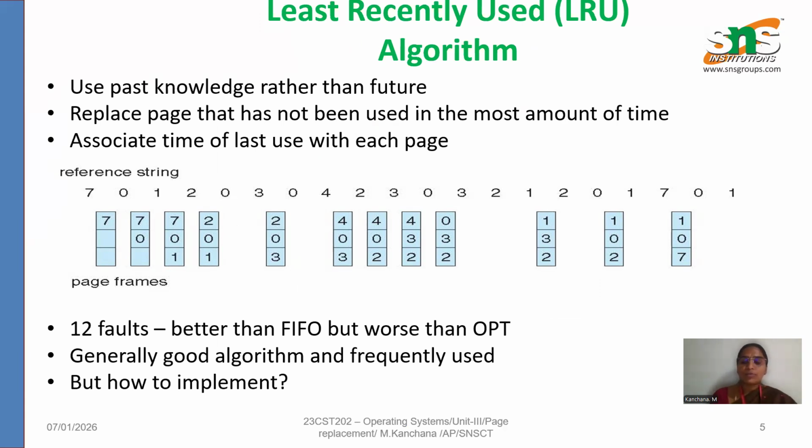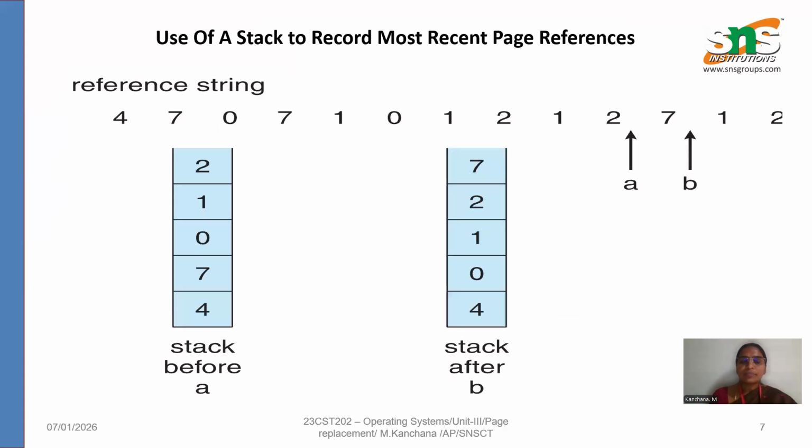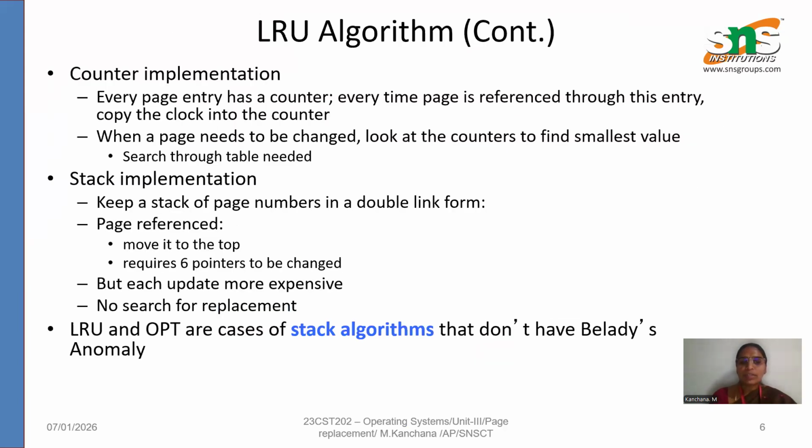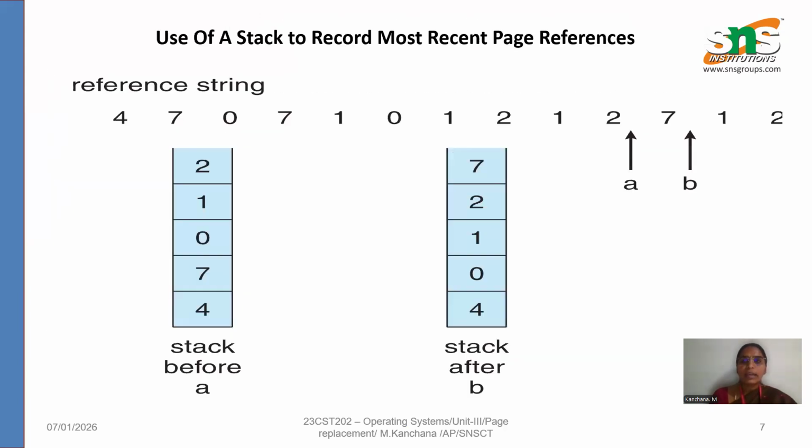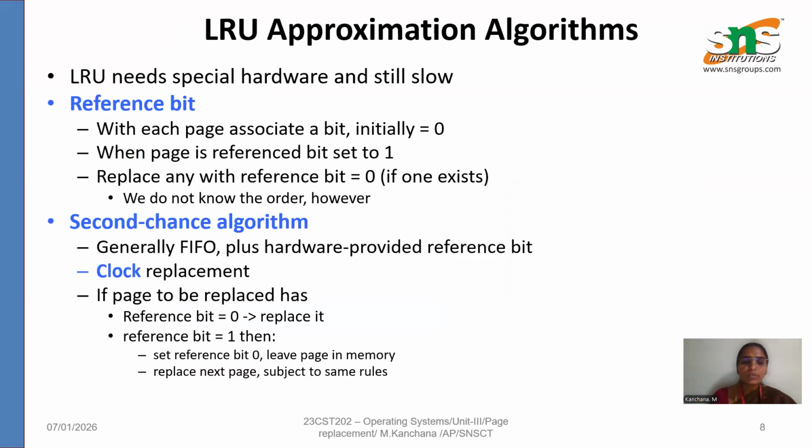That is, we are using knowledge about the past rather than the future, because the future is optimal page replacement, right? And we have implemented it in two ways: one is counter and stack, and we have demonstrated the stack, how LRU takes place in the operating system. So in this video, we will go deeper into the LRU approximation algorithm.